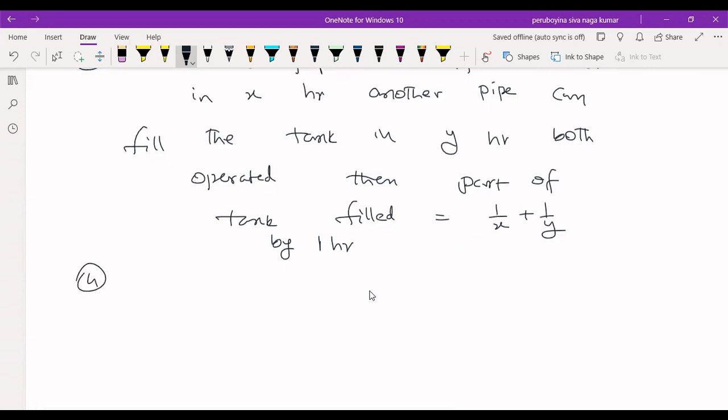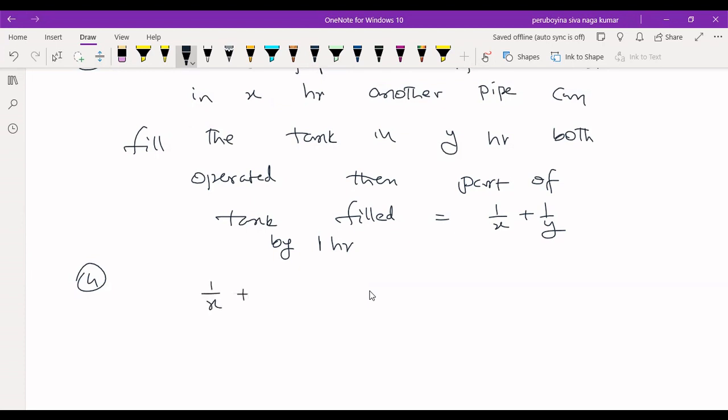Fourth, if a pipe can fill a tank in X hours, another pipe can fill the same tank in Y hours, but the third can empty the full tank in Z hours. The same scenario, but one more pipe is there and it will empty the tank in Z hours, and all are operated.